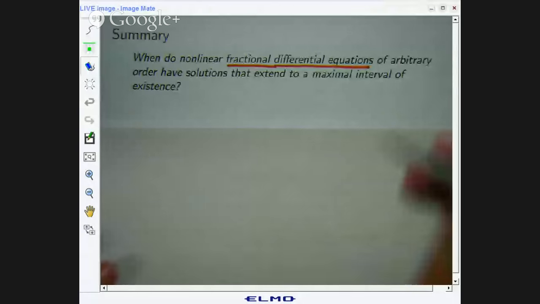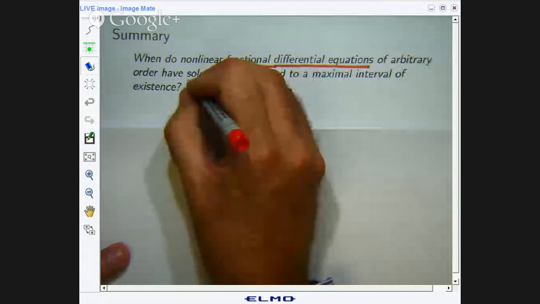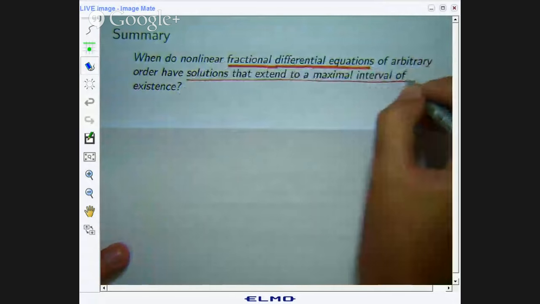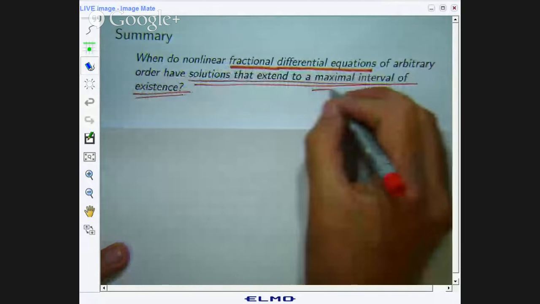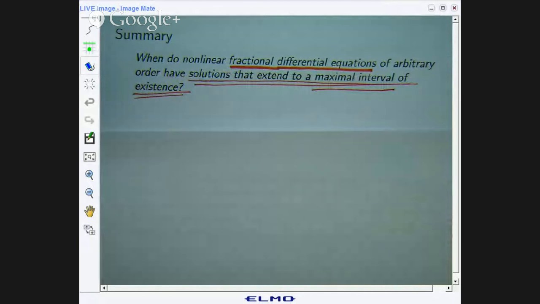Now we are going to look at conditions under which the solutions to these fractional problems have a maximal interval of existence. And again, I'll talk about that a little bit more as we go through.